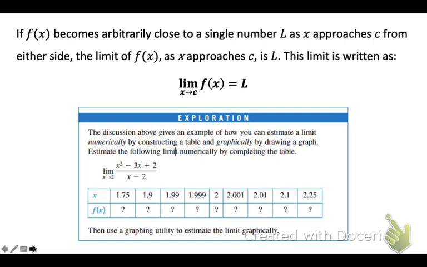I would just add more and more zeros, yes, to get closer and closer to 2 from the right? Does everyone get what I'm saying from the left and from the right? Numbers on the right are bigger than the number, correct? Numbers on the left are smaller. So does everyone have that in their calculator? Not the limit, just the equation. Remember, what do you need to put around your numerator and denominator? Parentheses.